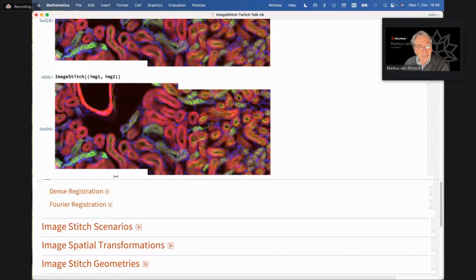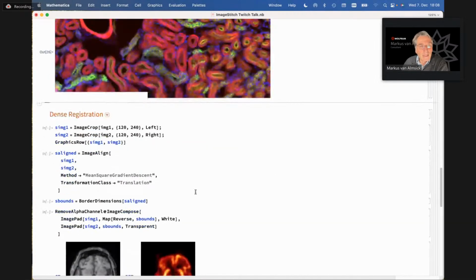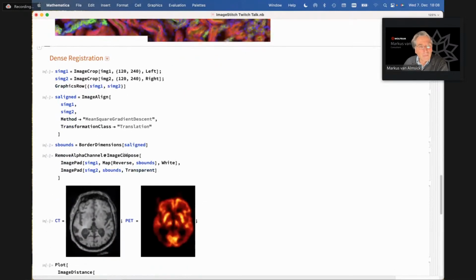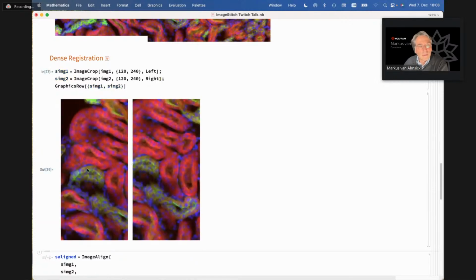But before I get to that, just for completeness' sake, I'd like to quickly mention the other types of registration. One is the dense registration, and you can invoke that by ImageAlign, just by calling up here the method MeanSquareGradientDescent. What it does is, I just take here smaller images, left image and right image. It basically overlaps the 2 images and then calculates an image distance, essentially the Euclidean distance of every pixel pair that you generate by putting one image on top of the other.